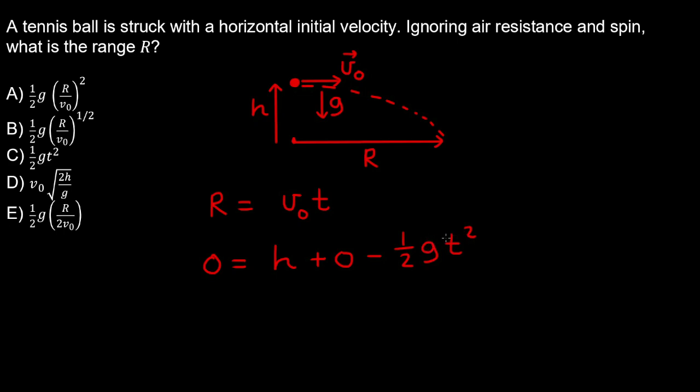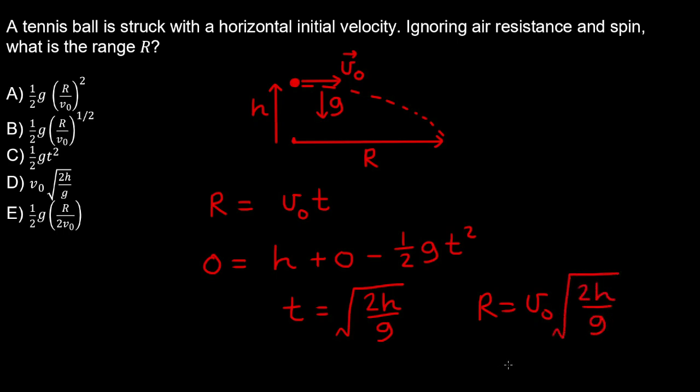So solving this equation for time t, we get t is equal to the square root of 2h on g, and therefore we get a range of v0 by root 2h on g. So the correct answer is D.